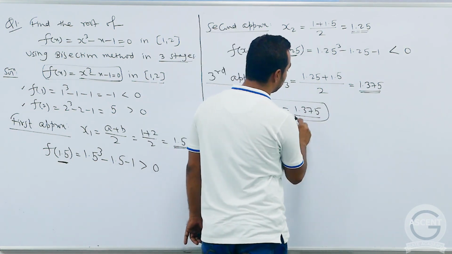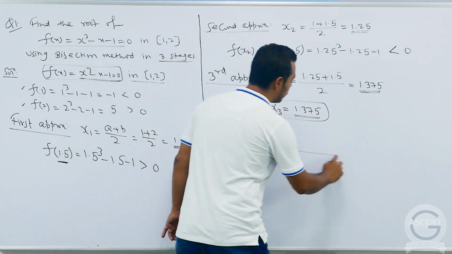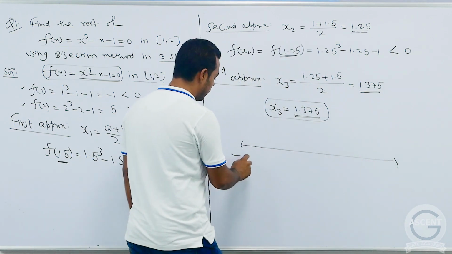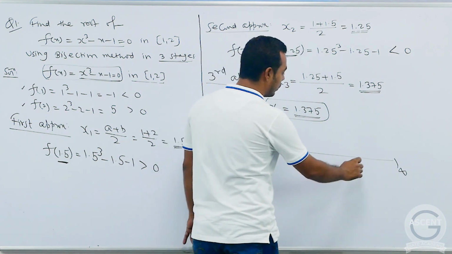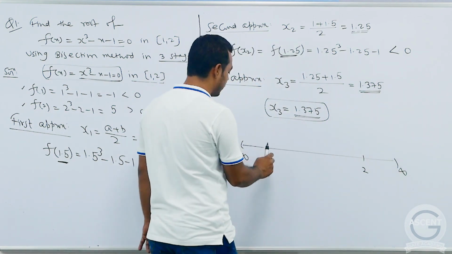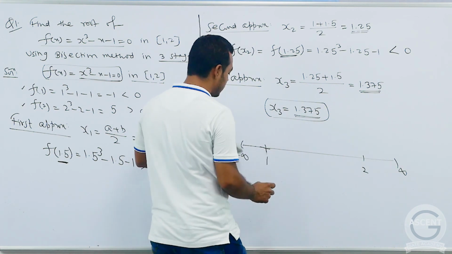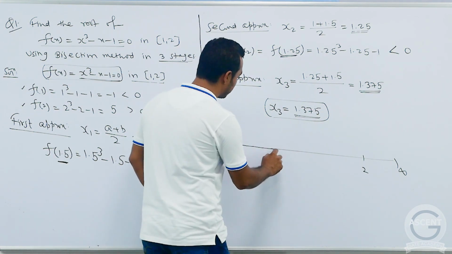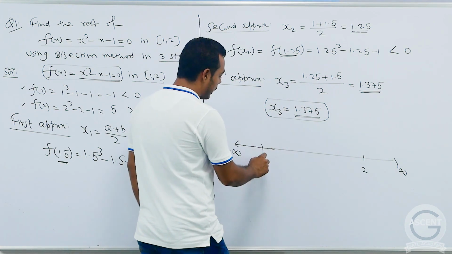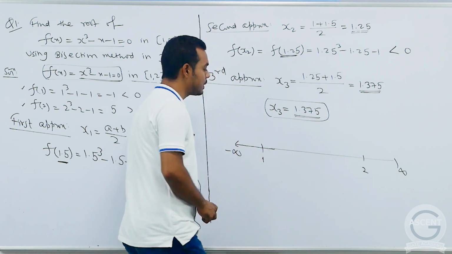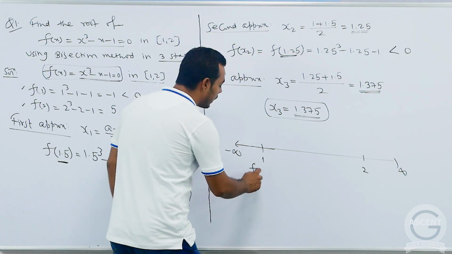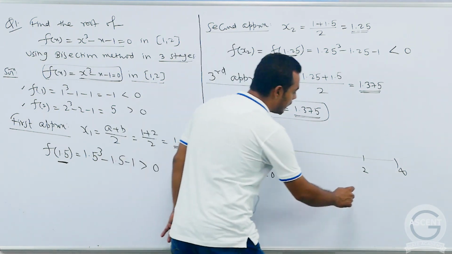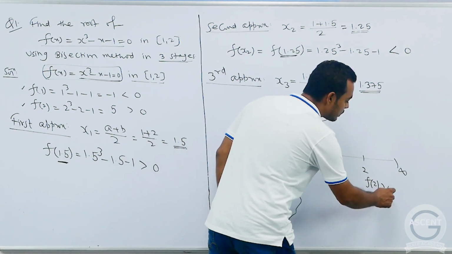X3 is 1.375. Now if you want to see this concept on a number line, the points that were given to us were 1 and 2. One point was x equals 1, the other point was x equals 2. And we had to find the root of the equation f(x) equals 0 between 1 and 2. We calculated f of 1, which was negative, and f of 2, which was positive.